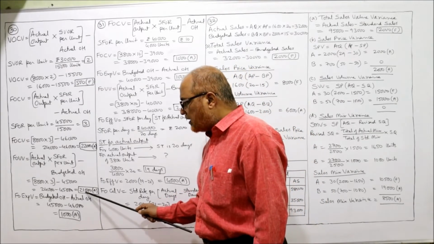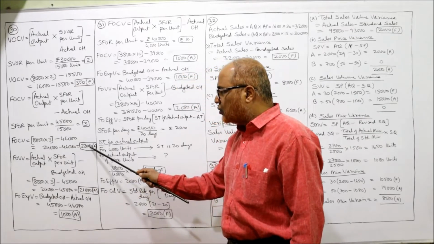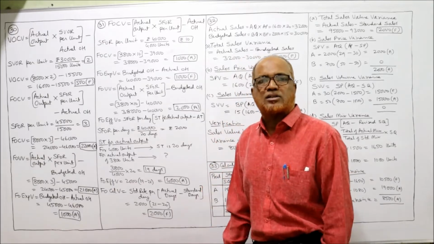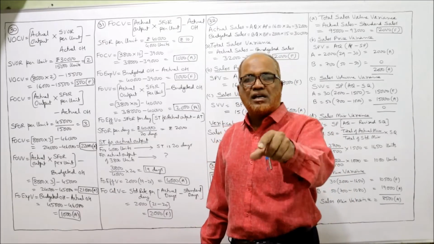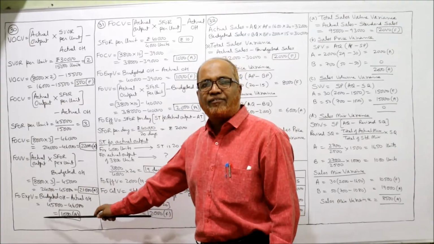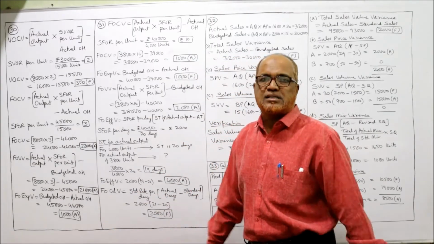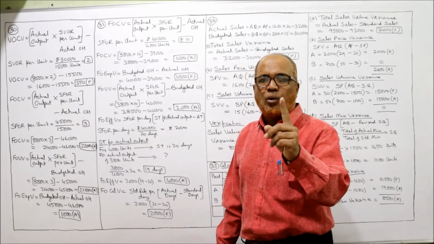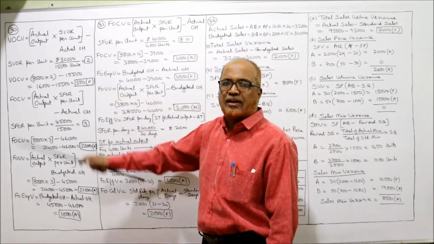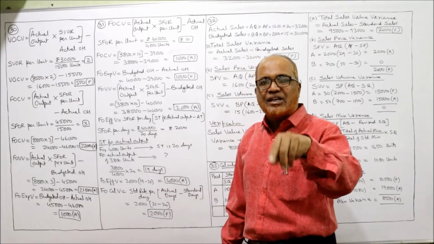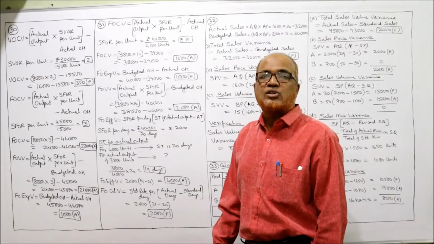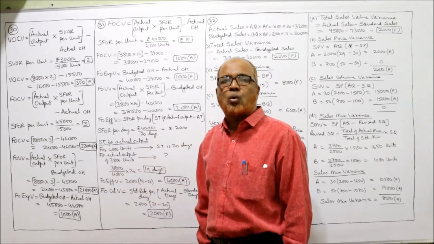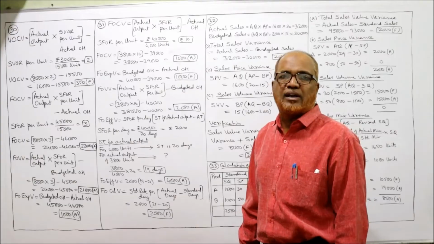Add these, 21,000 plus 1,000, 22,000 adverse. This is the FOCV. That means our calculations are correct. That's it. So in this problem, we have calculated one variable overhead cost variance and three fixed overhead variances: fixed overhead cost variance, fixed overhead volume variance and fixed overhead expenditure variance.